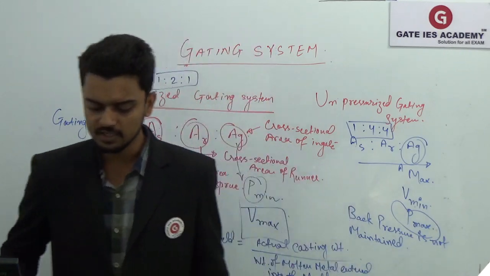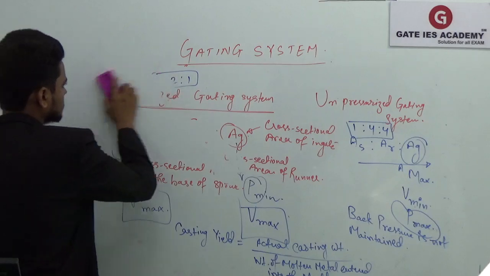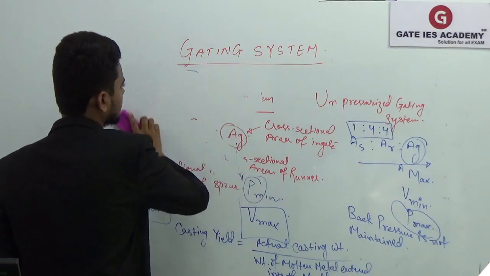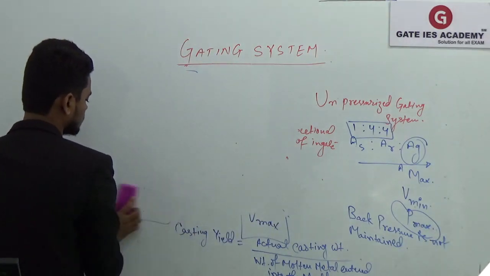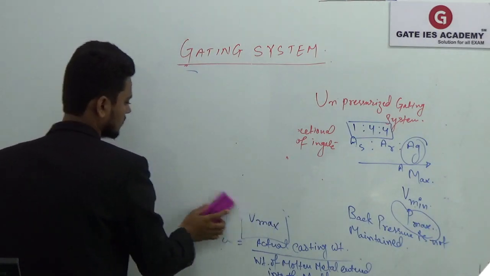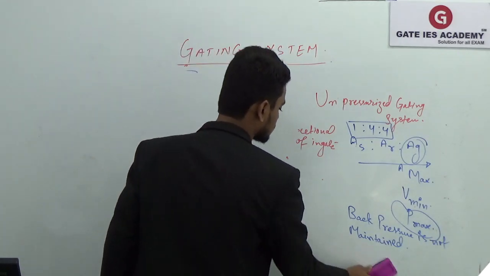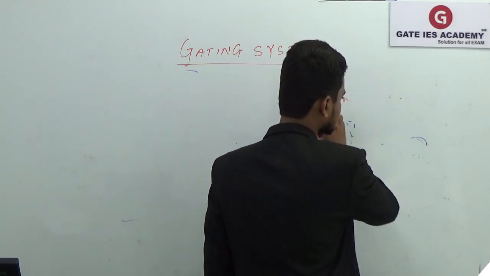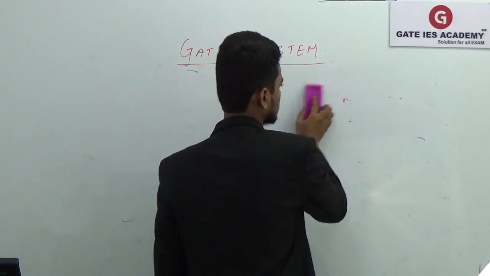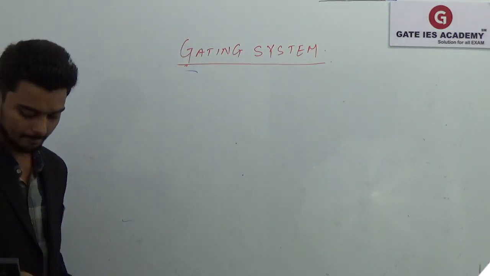So by Chvorinov's rule, I can write that solidification time is directly proportional to the square of the volume, and inversely proportional to the square of the surface area. So we'll discuss the solidification time.